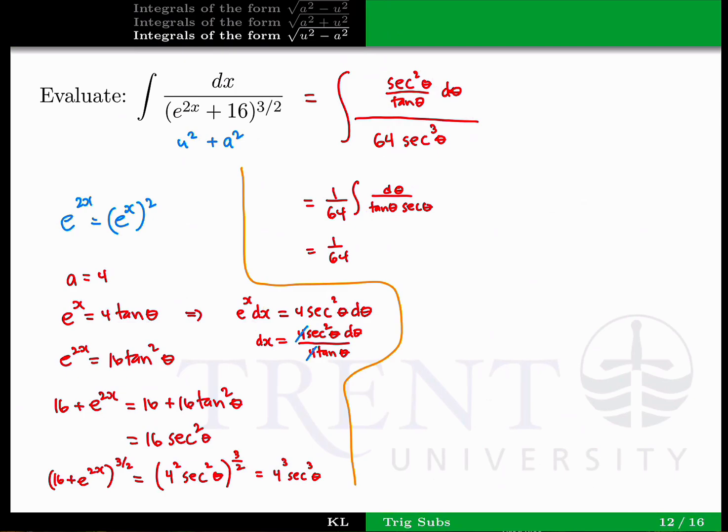We will have the integral of d theta. Tangent theta is sine theta over cosine theta. Secant theta is 1 over cosine theta. So this one we can rewrite as the integral of, in the numerator, cosine squared theta, on the denominator sine theta, d theta.